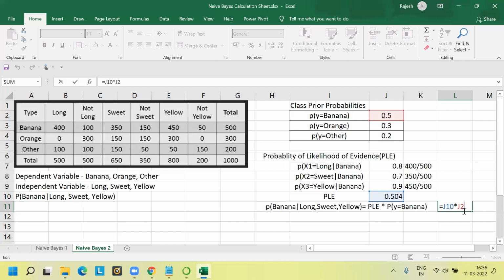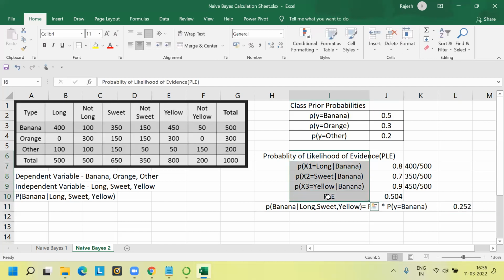All right. Now we have to calculate the probability of likelihood of evidence for orange.